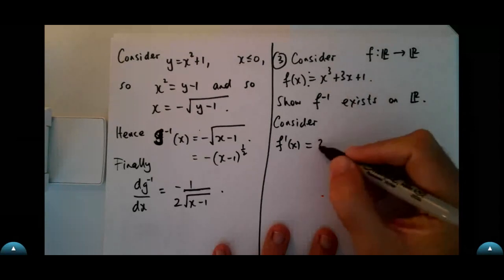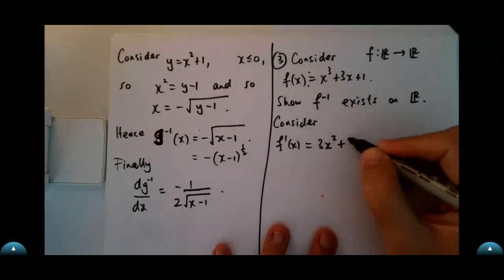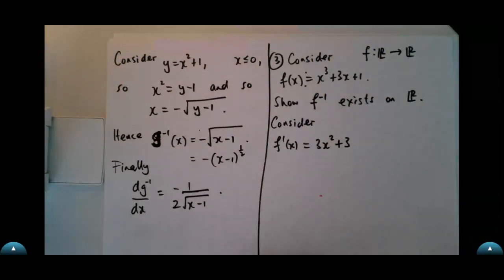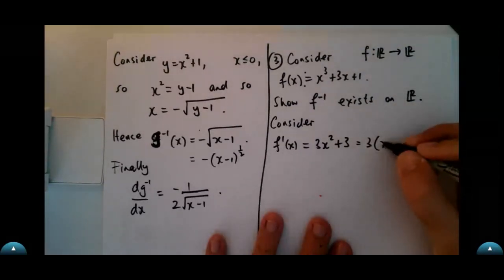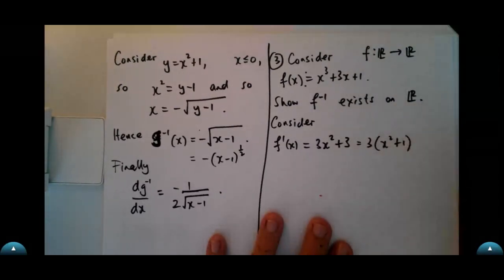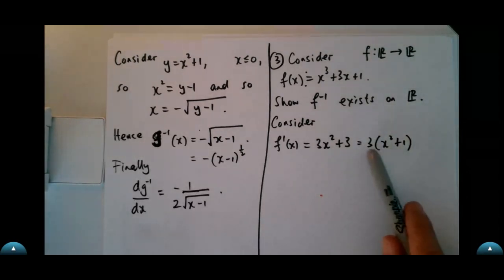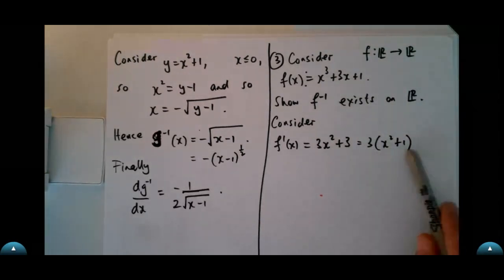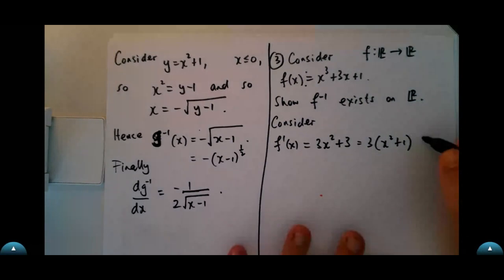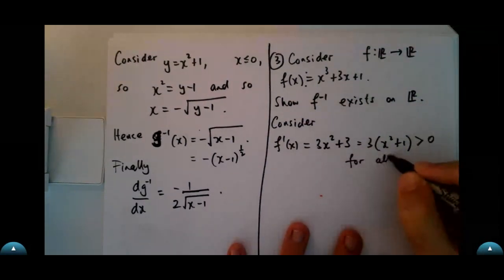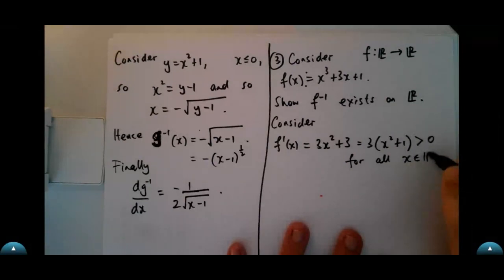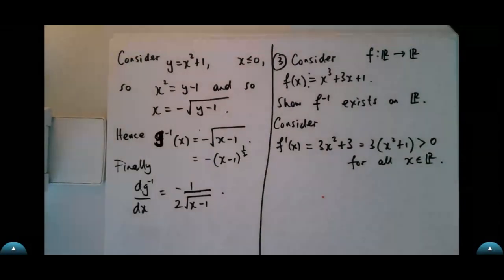So we differentiate this, we're going to get 3x squared plus 3. Okay. And we can factor that if we want to. But you can see here, this is positive and this is positive. So this is going to be positive for all x on the real line.